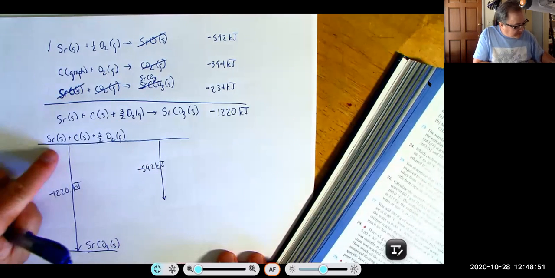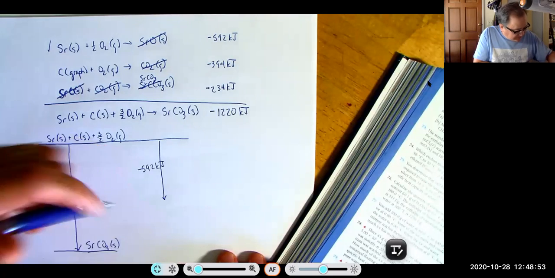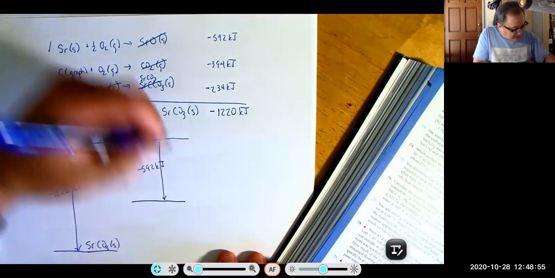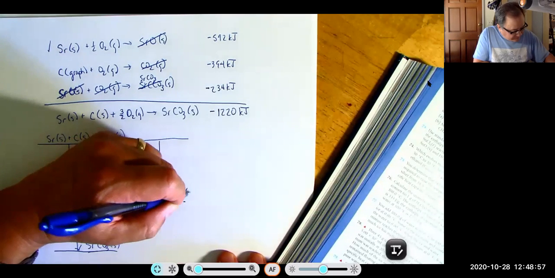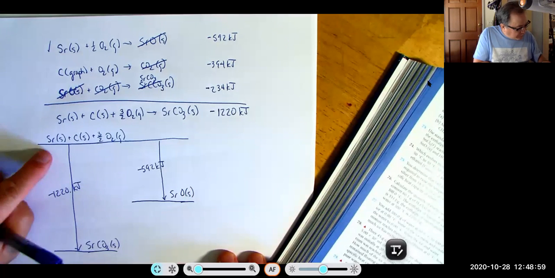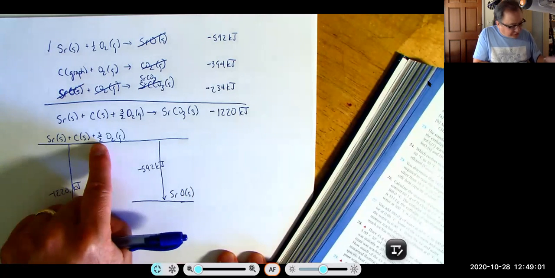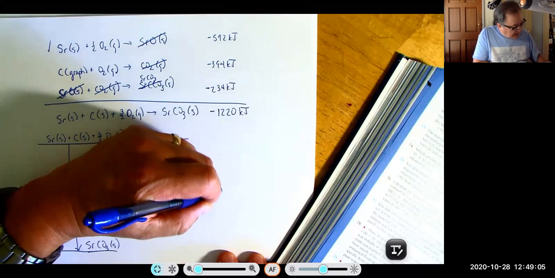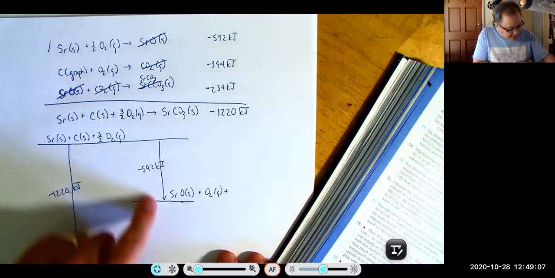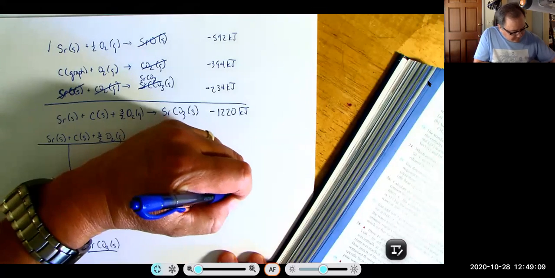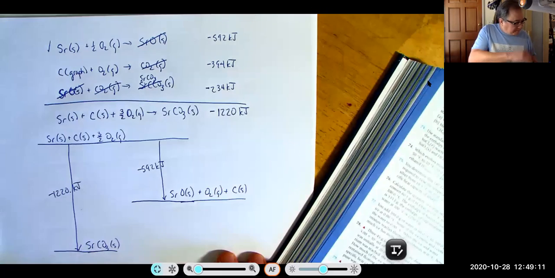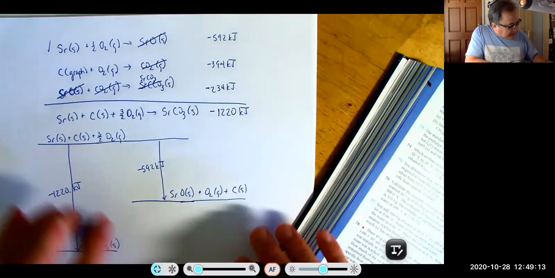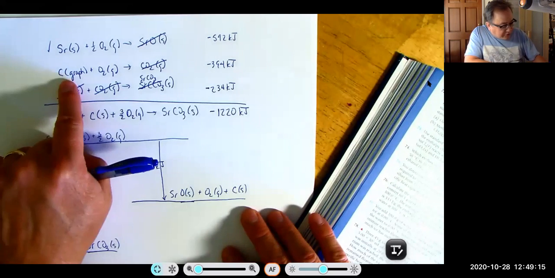We have strontium plus 1/2 oxygen gives you the strontium oxide. Now, when we use 1/2 oxygen, how much oxygen do we not use? 1 oxygen. How much carbon do we use in this reaction? No carbon. So those come on down. And this seems like a good time to use the C plus the O2.